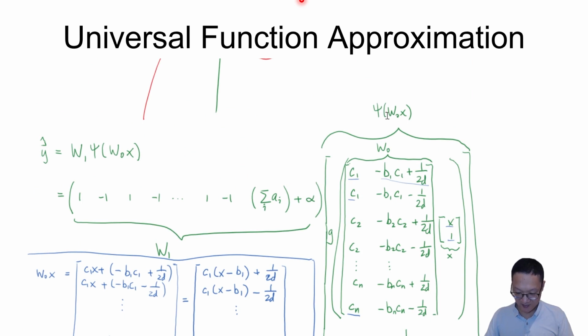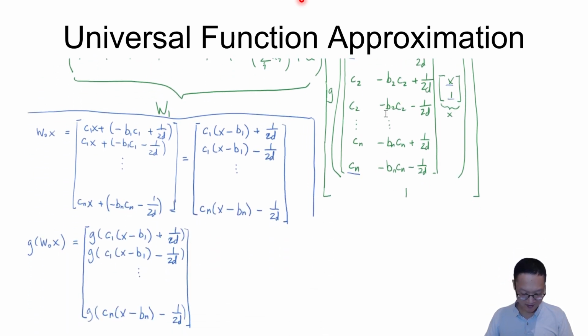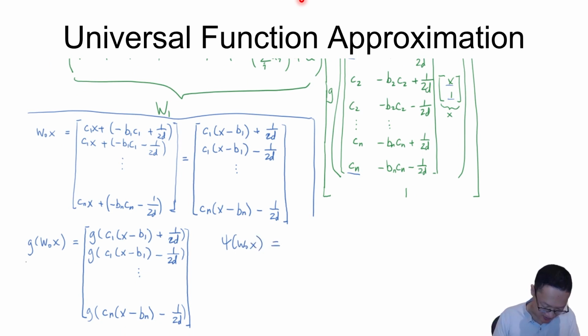Then psi of W0 x will be the same as g of W0 x, except that we have a 1 at the end.